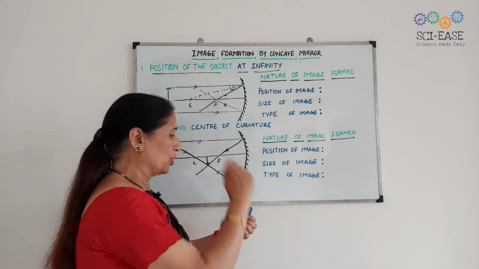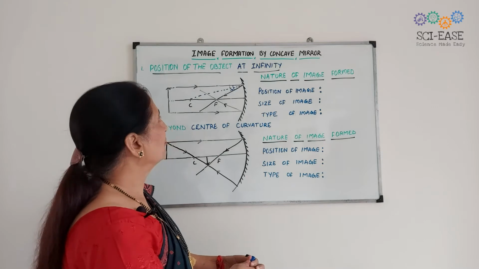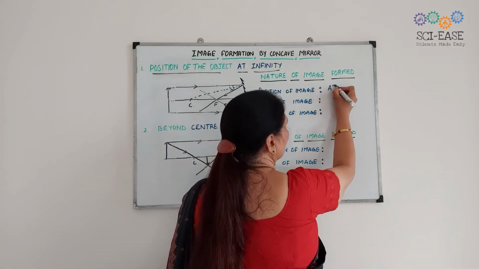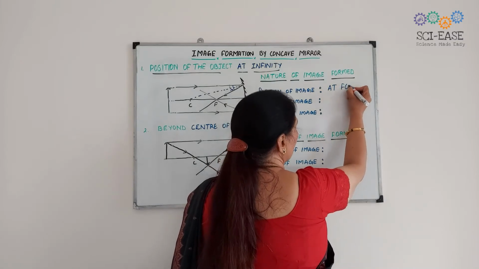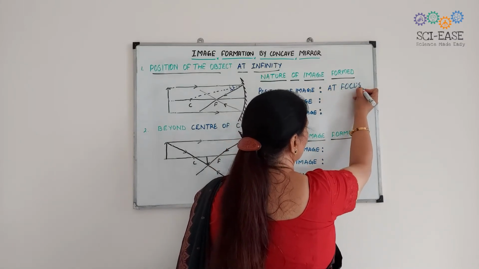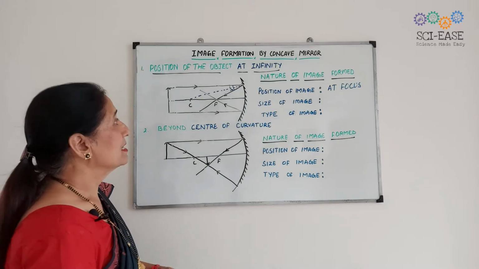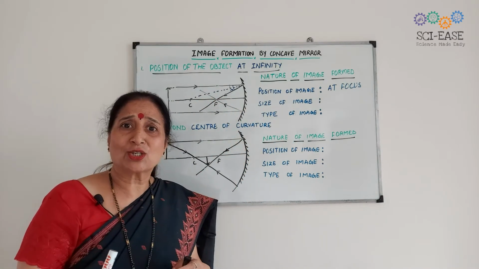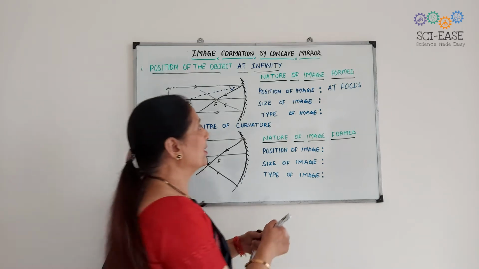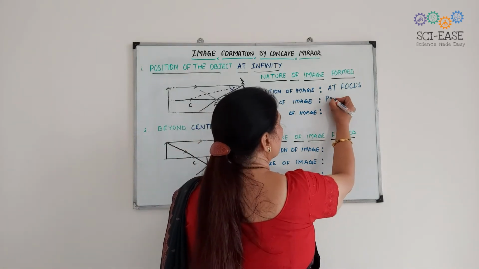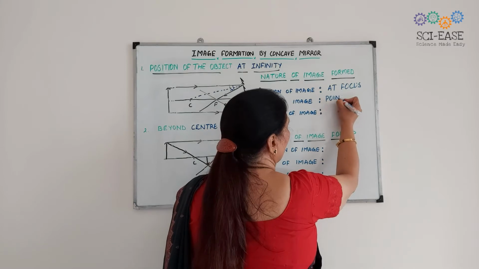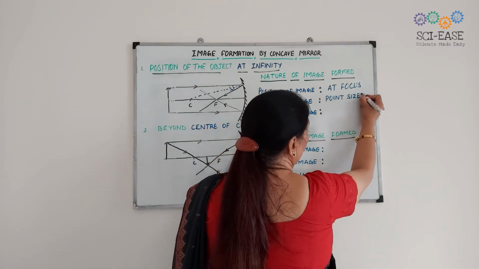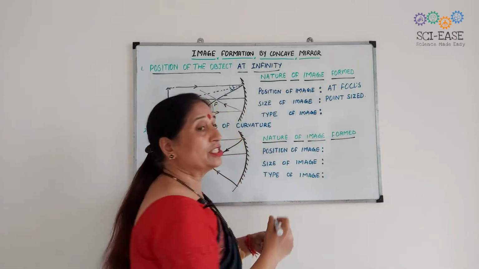First is the position of the image: it is at focus. Second is the size of the image: it is point sized or highly diminished. You can write point sized image.